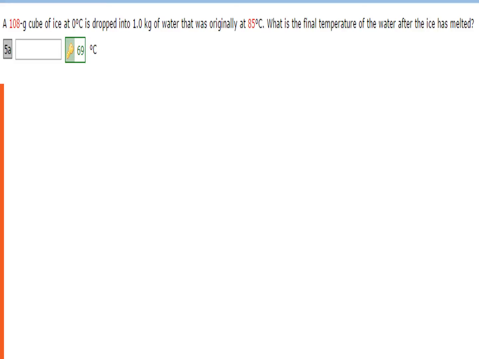Since this problem involves two substances at different temperatures, and eventually they're going to reach thermal equilibrium, the appropriate equation that we're going to use here would be Q gained is equal to negative Q lost.